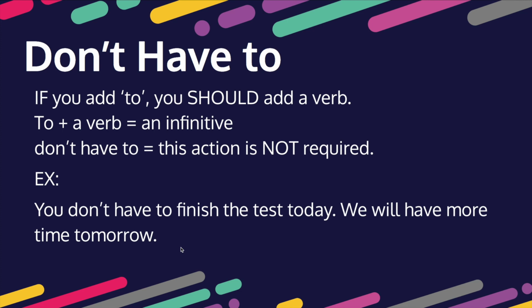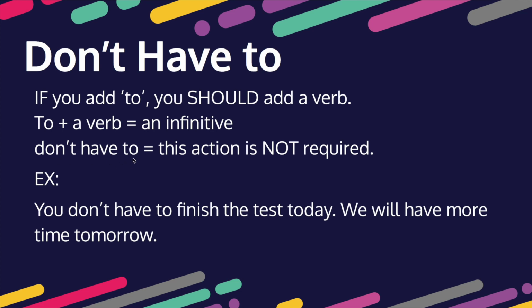However, if you add the word to, you should add a second verb. This isn't the topic for this video, but maybe you know that to plus a verb is called an infinitive. And when you have an infinitive here, it will actually change this phrase's meaning.